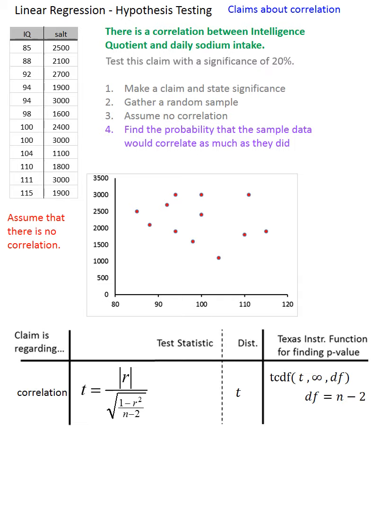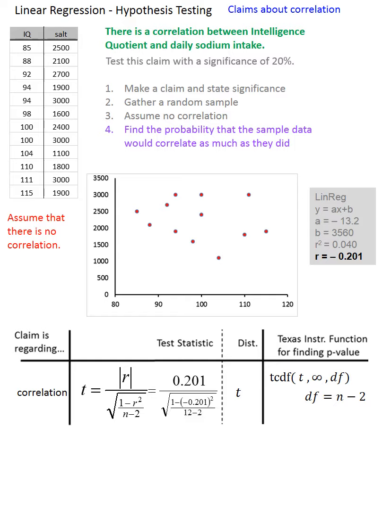So we'll do our usual. We'll use the formulas and the t-distribution to find the probability of a type 1 error. So this information here, this correlation coefficient of negative 0.201, came from, as usual, typing the two lists into a calculator or other software that will feed us the correlation coefficient.